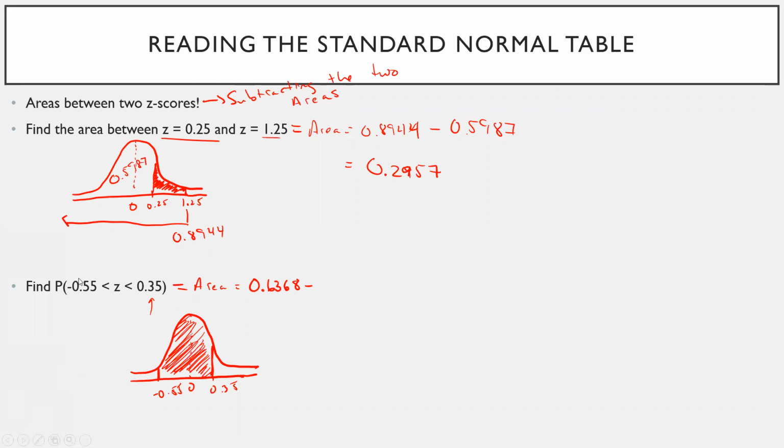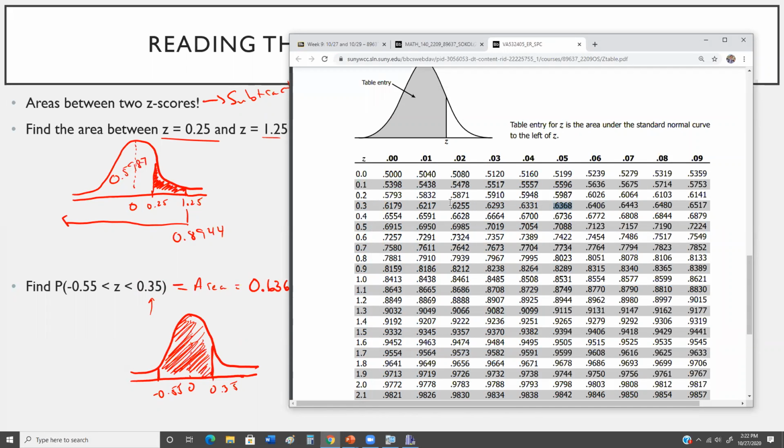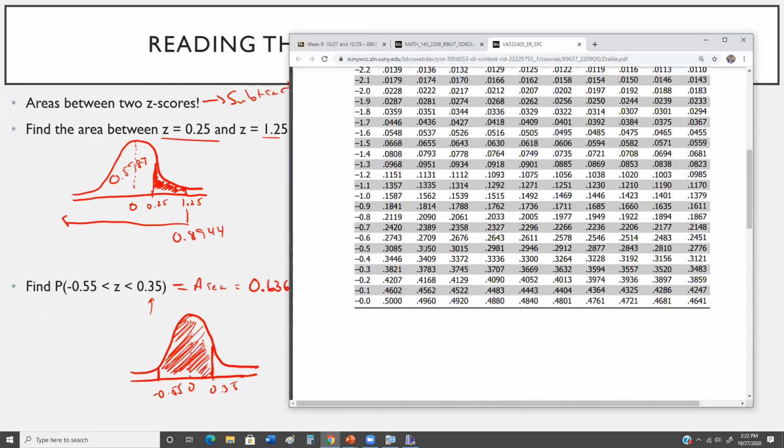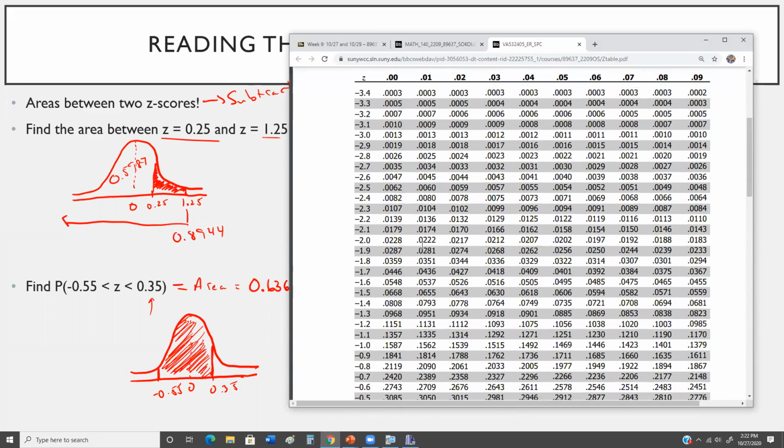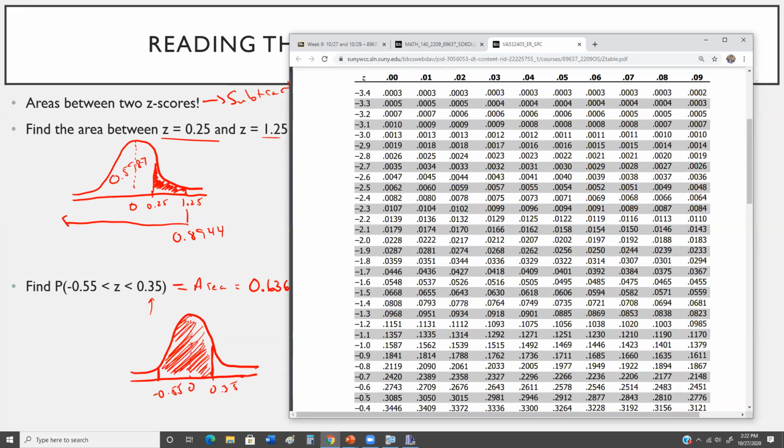You're going to go look up this negative 0.55. So you're going to have to go to the negative side. Negative 0.5, and then you're going to go over to 5. I think you get 0.2912. Anybody else agree with that?